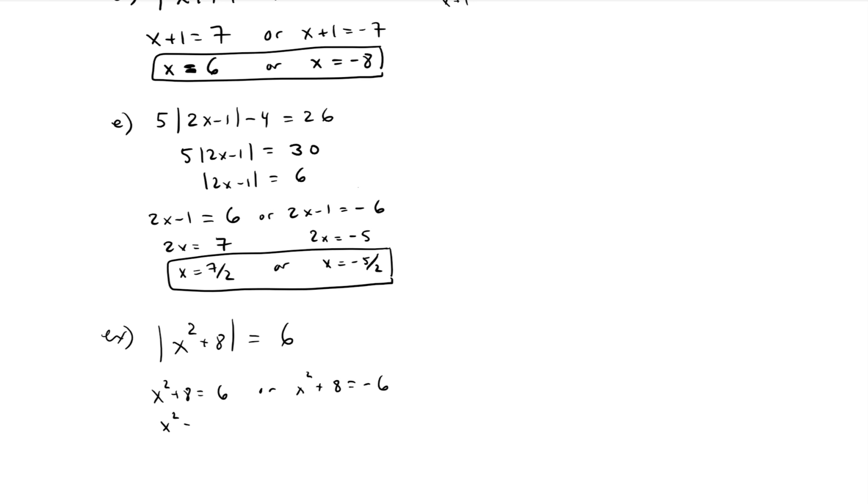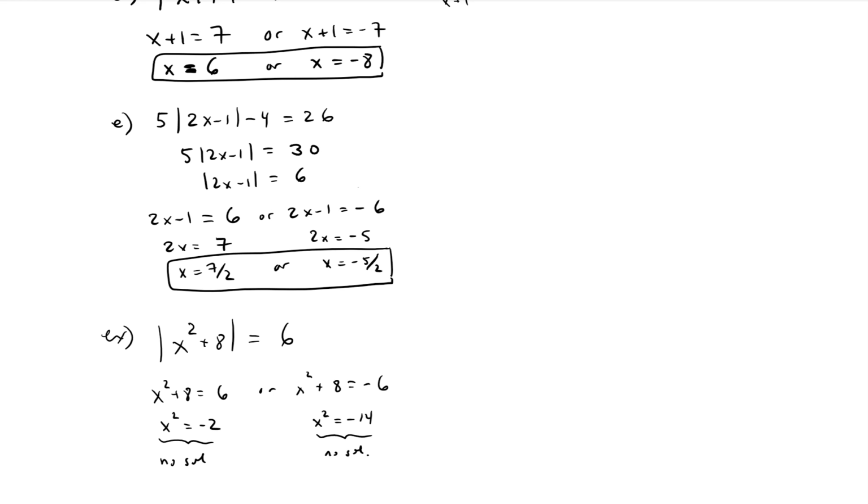And if I subtract 8 on both sides here, I'm going to get minus 2, and here I'm going to get minus 14. And those two equations are impossible to satisfy, because if I square something, I'm going to get a positive, right? So no solution here, and no solution.